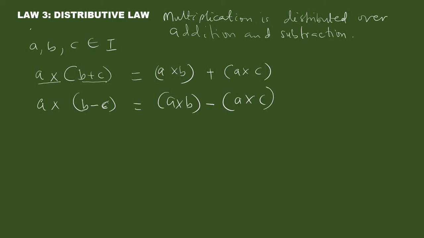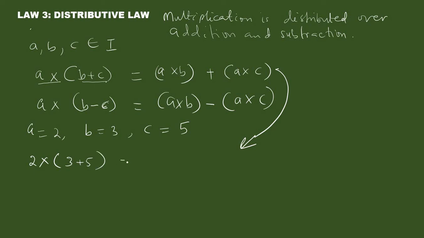So let's see which of these will give us the result. We are still using the same values: A equal to 2, B is 3, and C is 5. So let's go with this first one. Let's say we have 2 times 3 plus 5.